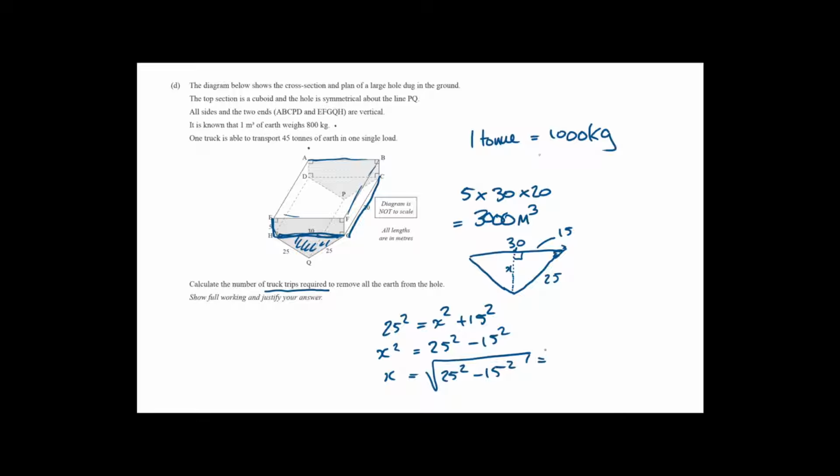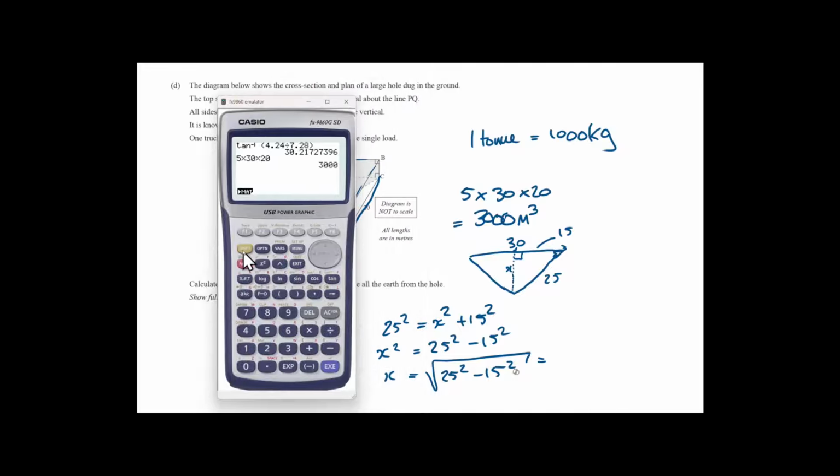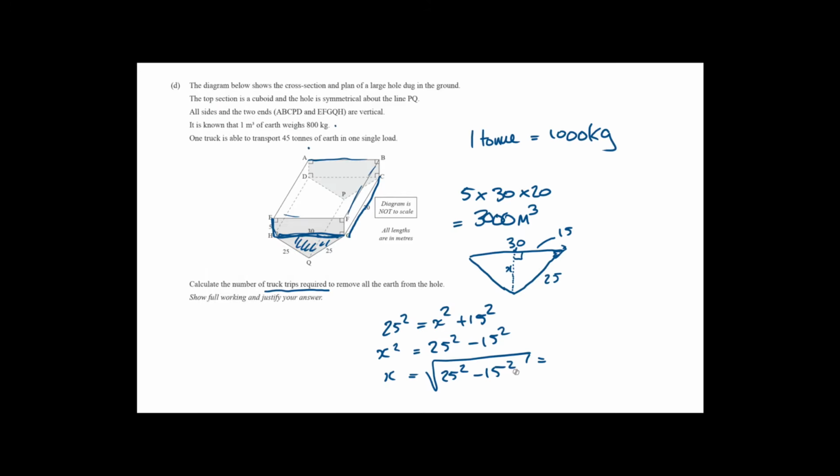And that's going to give us some number. So let's take the square root, and then we need to put brackets, especially in these Casio calculators, 25 squared minus 15 squared, close the brackets, and we get 20. Okay, 20. So therefore, the area of this triangle is going to be half the base times the height.